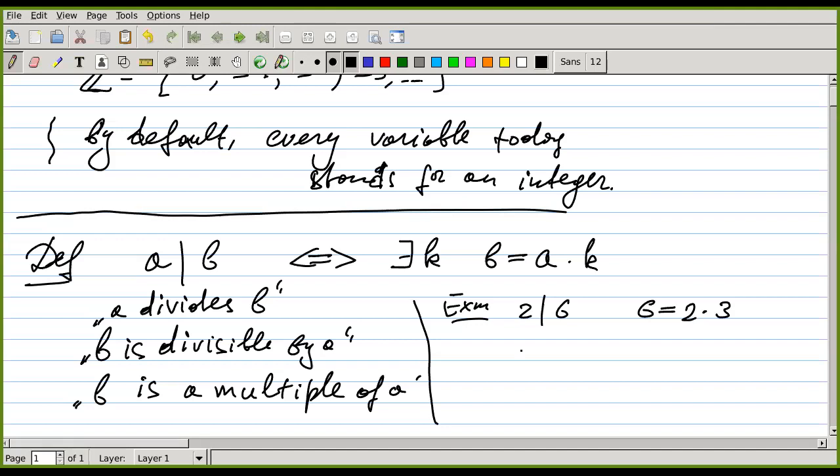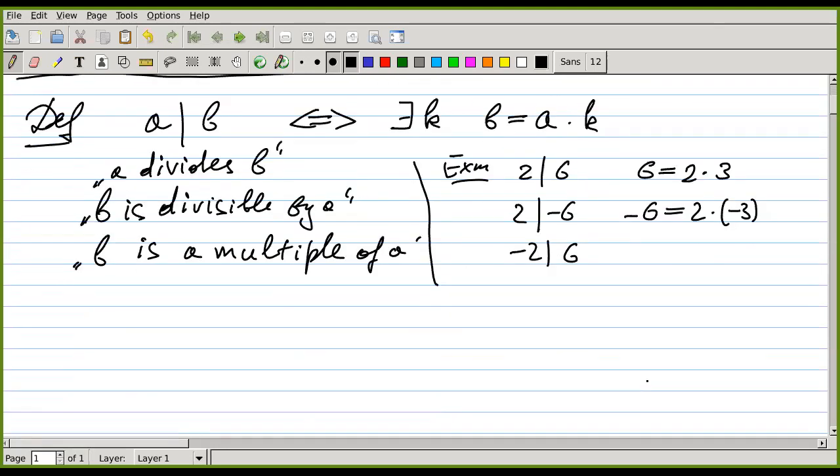Okay, 2 divides -6. Is it true? Yes. Why? -6 equals 2 multiplied by -3. And what about -2? Does -2 divide 6? Yes. 6 equals -2 multiplied by -3.